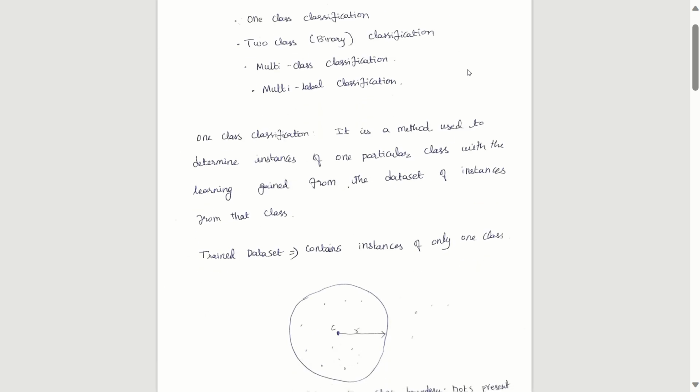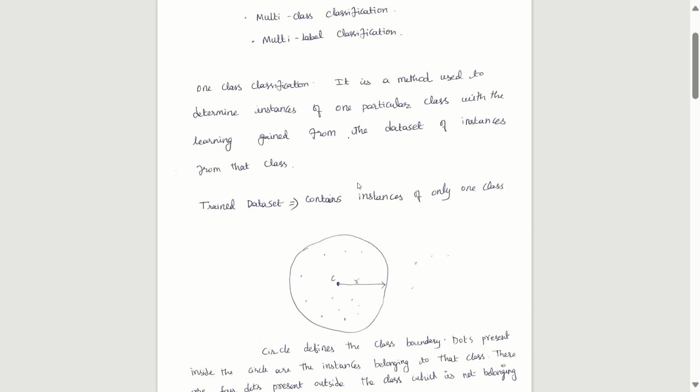So let's take, for example, this circle, and this circle defines the class boundary. The dots inside this circle are instances belonging to this class C, for example. And there are also four dots outside, which don't belong to this class.